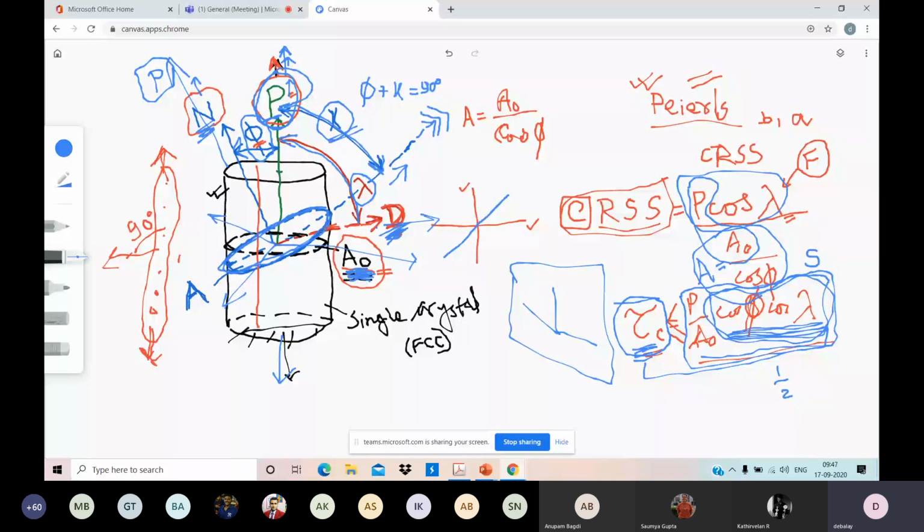Slip can occur something like this, or slip can occur something like this.